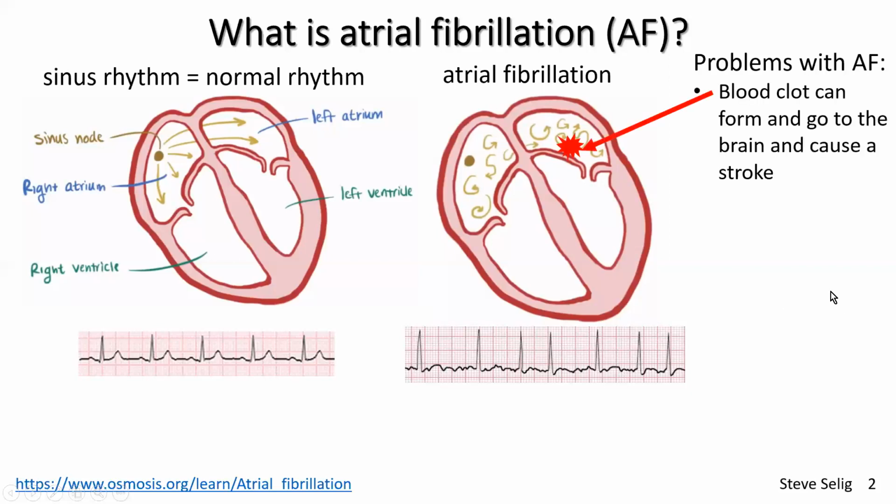Now, what are the problems with atrial fibrillation? Before I get on to those, just one other brief comment. I've already said that in the normal situation, about 20% of the filling of the ventricles occurs from this coordinated contraction in the atrium. We lose that in atrial fibrillation, but the person is still very much alive because they still get 80% of the filling coming from the flow through the atria from the great veins into the two pumping chambers, the ventricles.